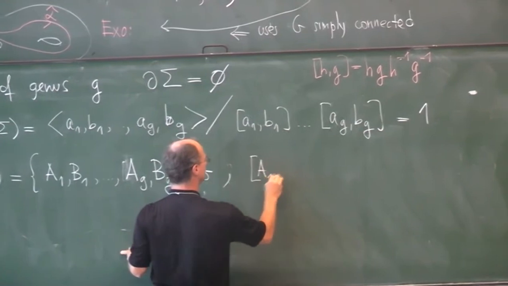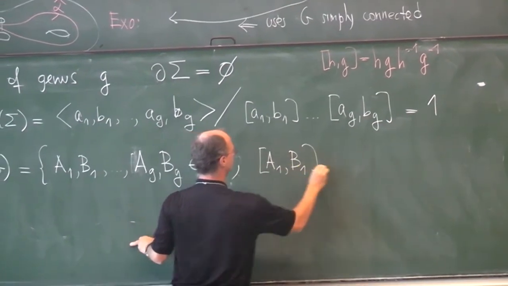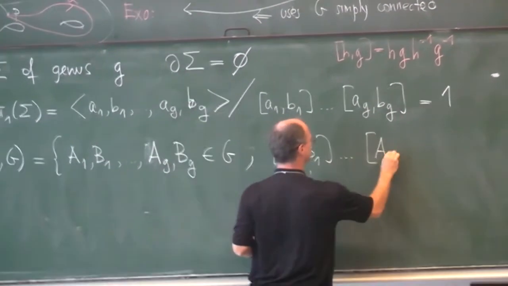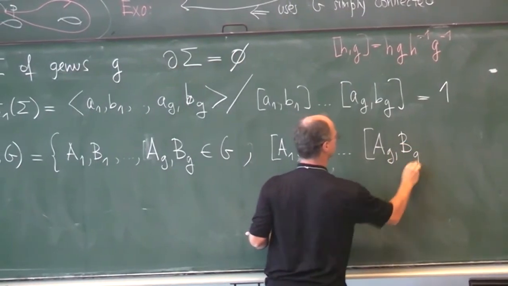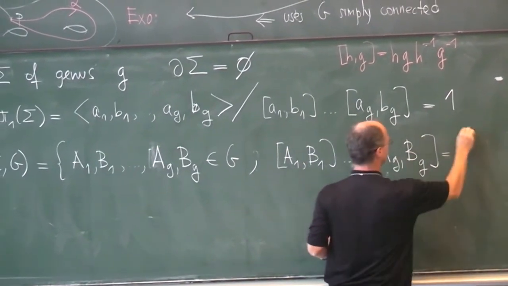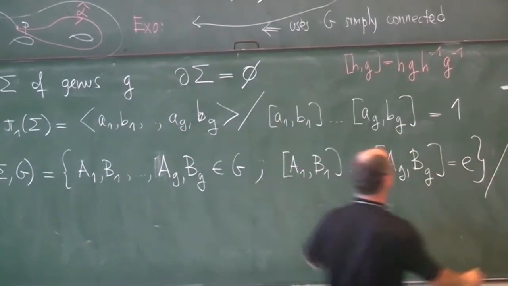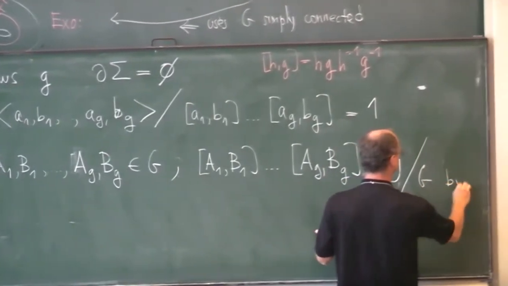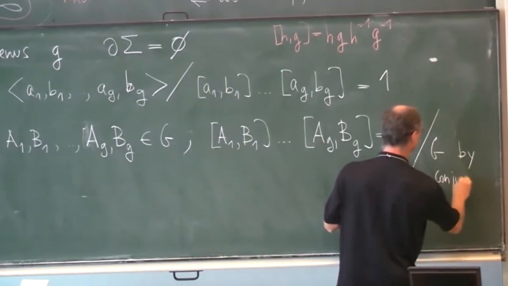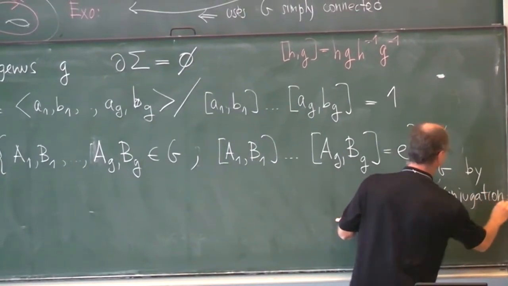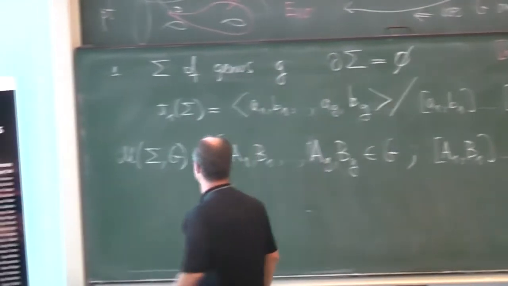So the relation, A1 commutated with B1 and so on, AG commutated with BG, equal to the group unit, and then we should divide it by the action by conjugation.